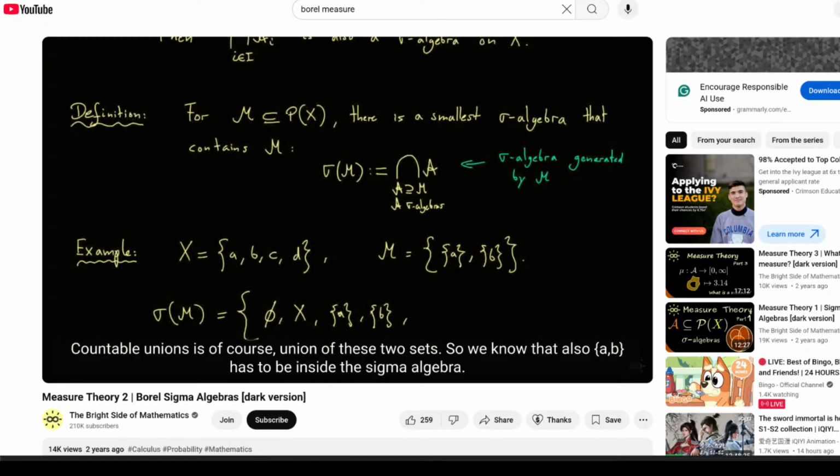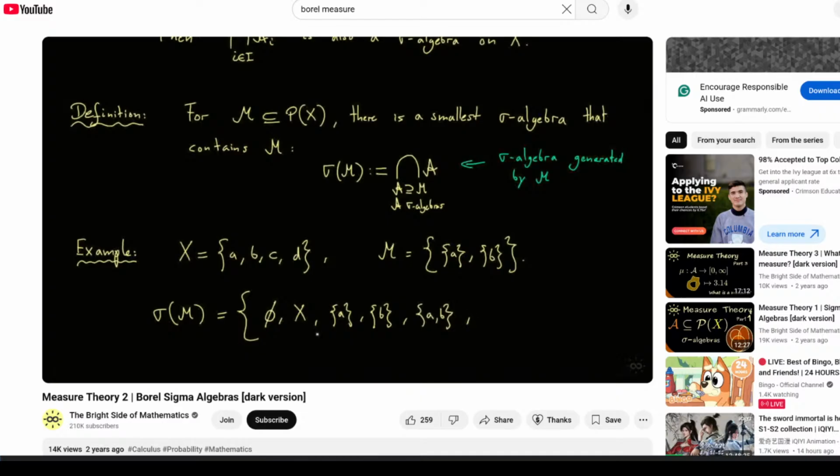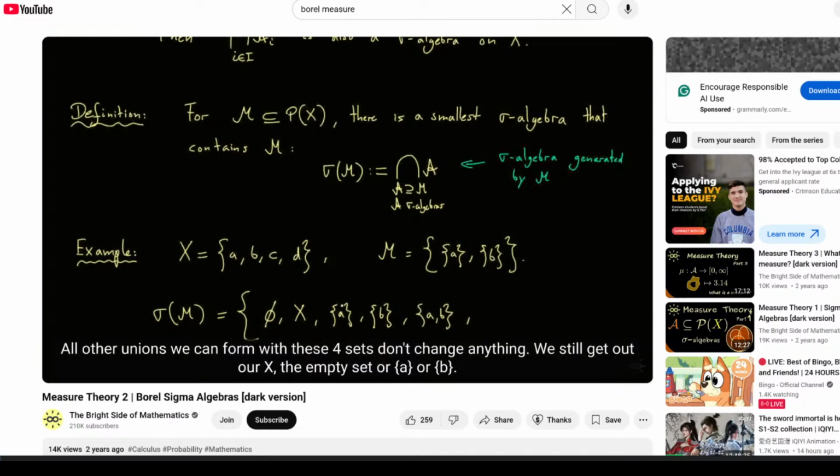And countable union is of course the union of these 2 sets, so we know also the union of A and B has to be inside the sigma algebra. All other unions we can form with these 4 sets don't change anything. We still get our X or the empty set or A or B.